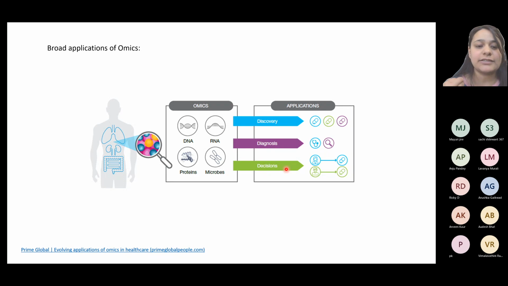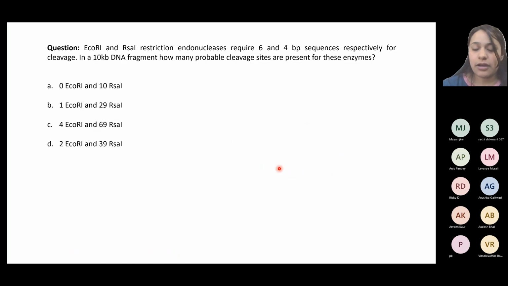Since this metabolite is present in a very high quantity in this individual, maybe this class of drug should not be given to this individual because it does more bad than good, right? So such decisions could be made by the clinicians based on such data. Okay, I have rushed through those slides so that I could reach over here.